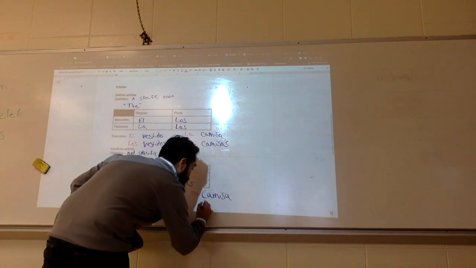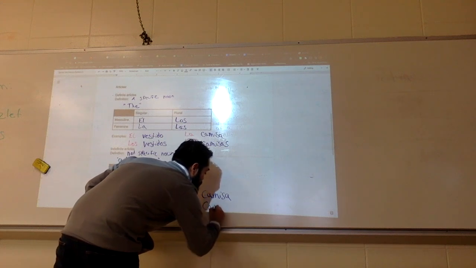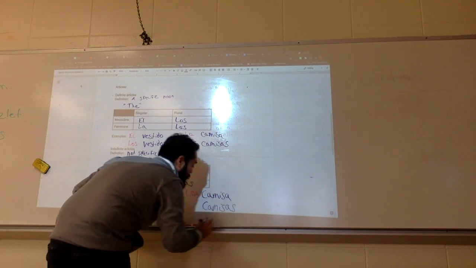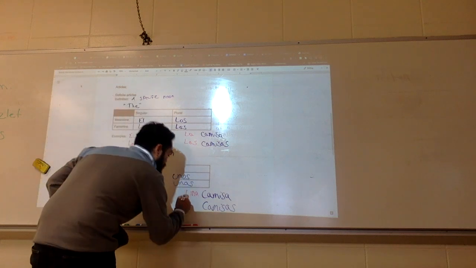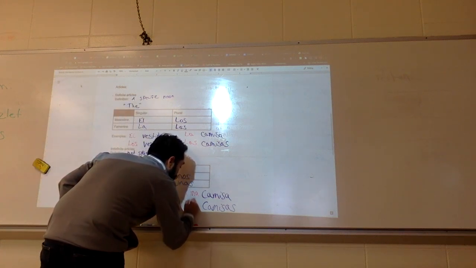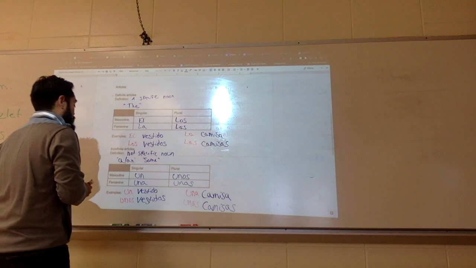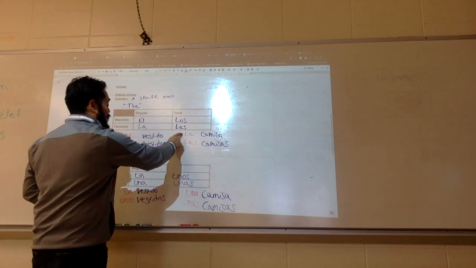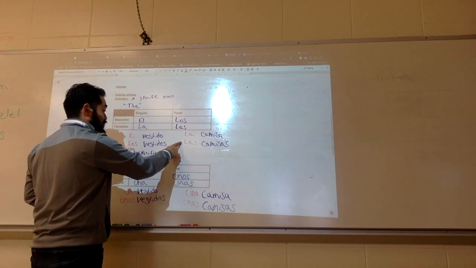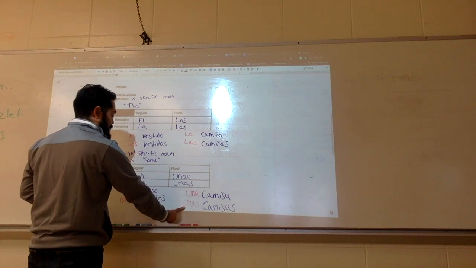If I want to talk about more than one shirt, I make camisa plural by adding an S. Camisas. Una becomes unas. So the shirt, a shirt. The shirts, some shirts.